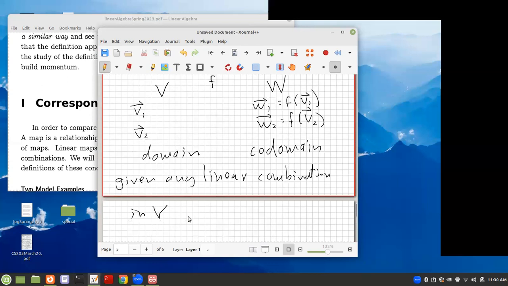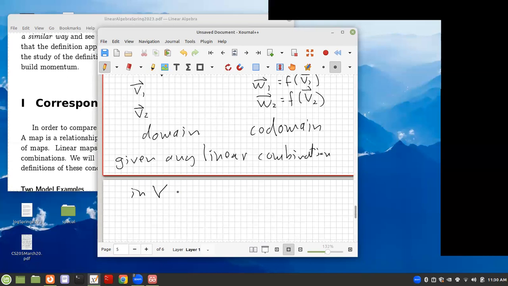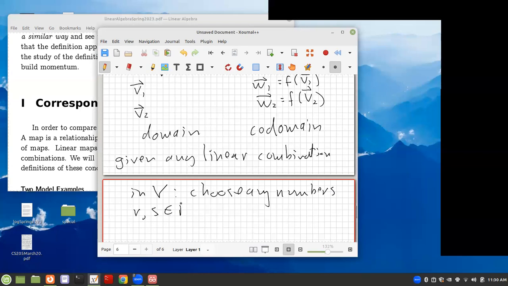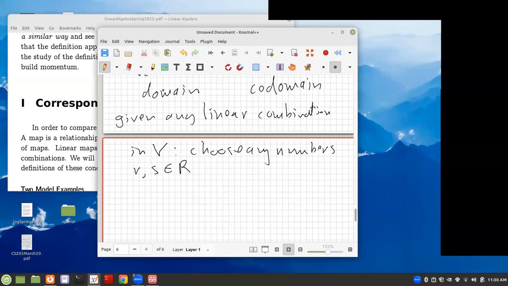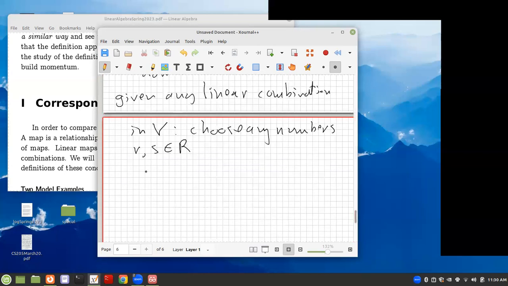To get any linear combination of V, we can choose any numbers, say R and S, and if V1 and V2 are arbitrary, then we have R V1 plus S V2.